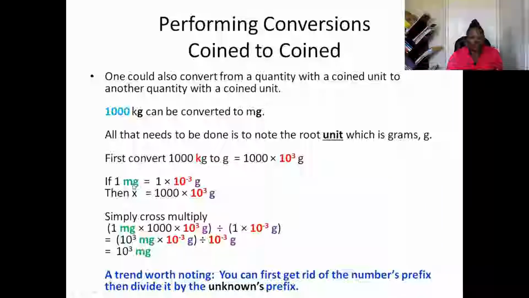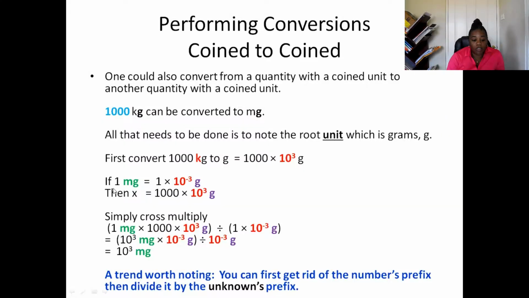So you do something like this. 1 milligram is equal to 1 times 10 to the negative 3 grams. You already converted 1000 kilograms into grams. So you see there's a relationship there, where X is related to 1000 times 10 to the 3 grams. I put the same unit on the same side.